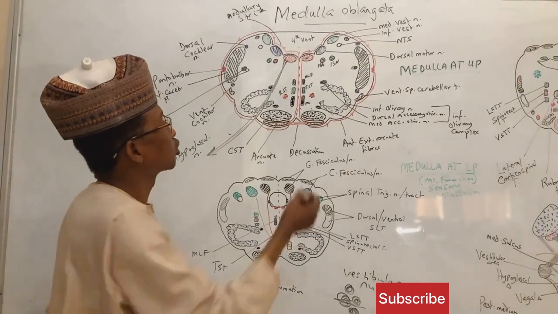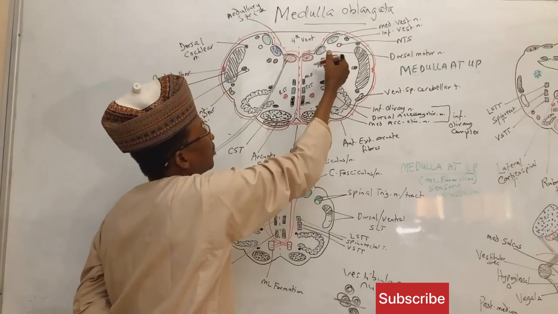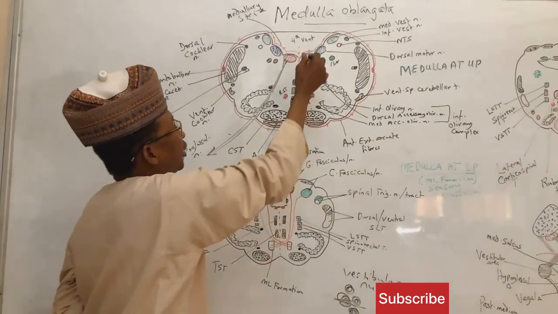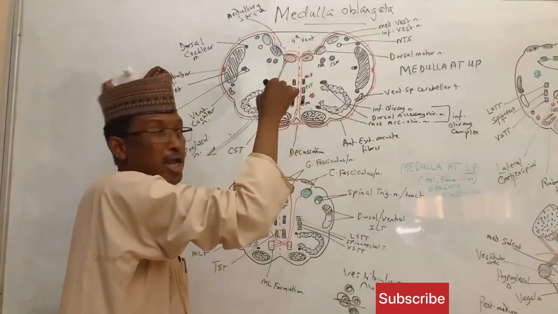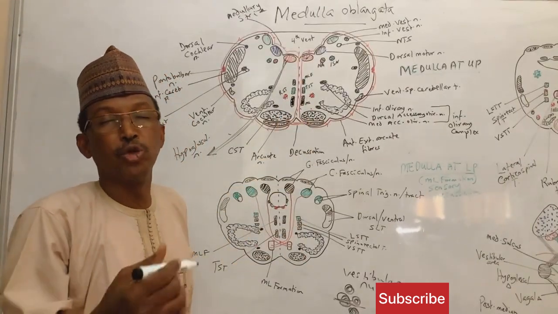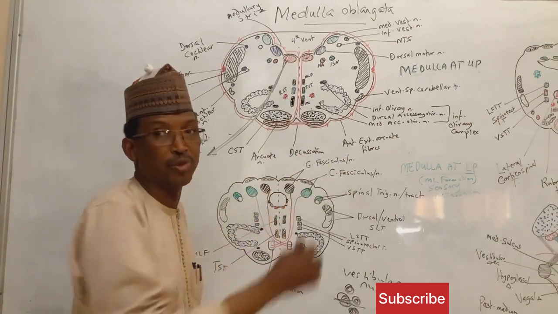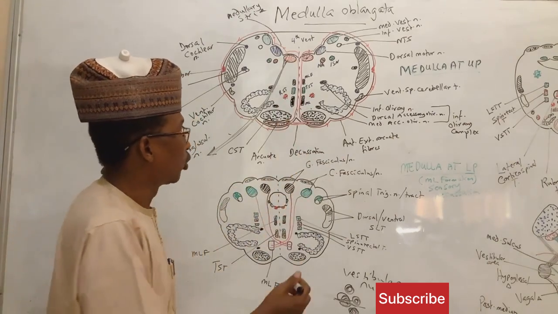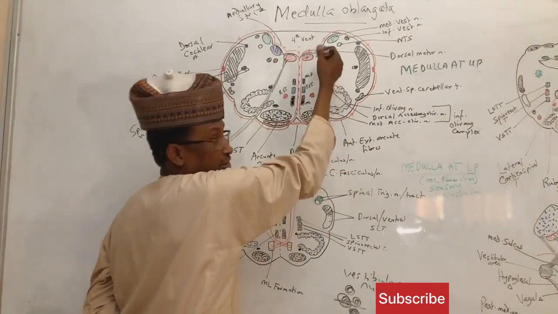Are you clear? So of these 2 nuclei, the medial one is what we call the nucleus ambiguus. So the nucleus ambiguus is also part of the nucleus that connects with the vagus nerve. And we also have what you call the inferior salivatory nucleus.